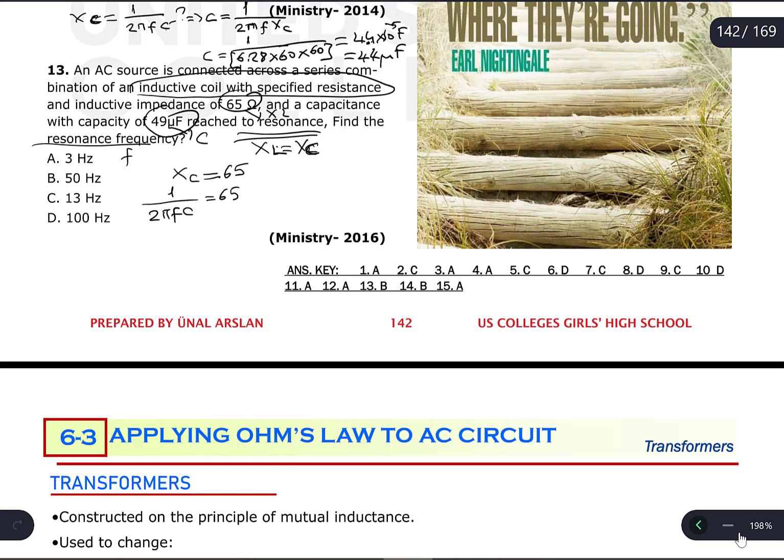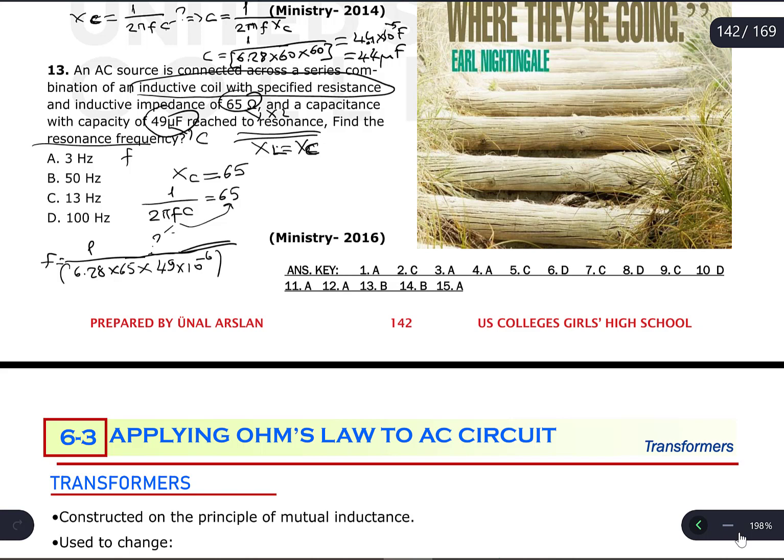I will calculate F, so F becomes 1 over 2 pi, 2 pi is 6.28, times 65, which is equal to XL in the resonating circuit, multiplied by C, which is given as 49 microfarad. I have to convert it to farad by multiplying by 10 to the power negative 6.